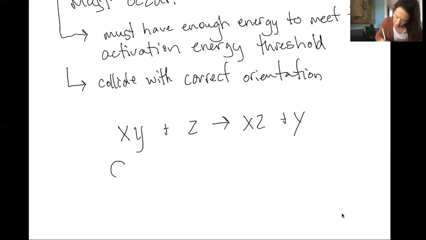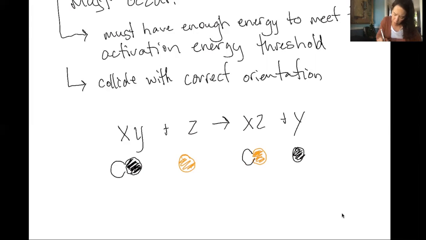I've got XY. I'll make him that color, and then I'm going to make Z this color, okay? And then over here, I have XZ, so he's here, and I need the black. He's here, and he's here.